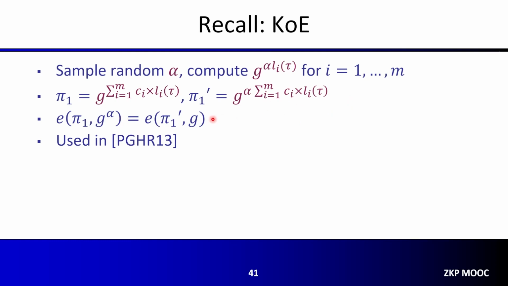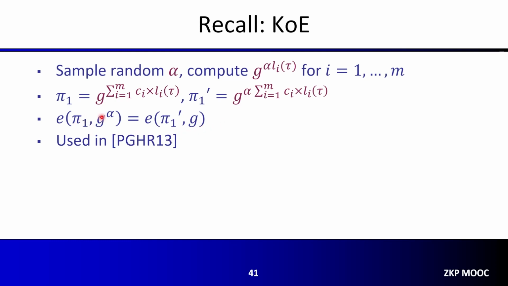And with that, the verifier has an additional check, using bilinear pairing. She's going to check the pairing of pi1 and g to the alpha, where g to the alpha should also be part of the verification key, and I'm omitting it here for simplicity. The pairing of these two should equal the pairing between pi1 prime and the generator g.